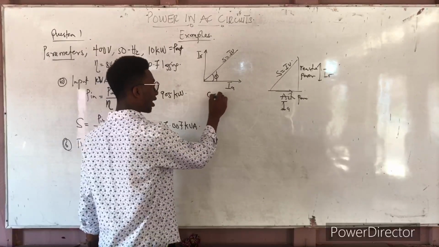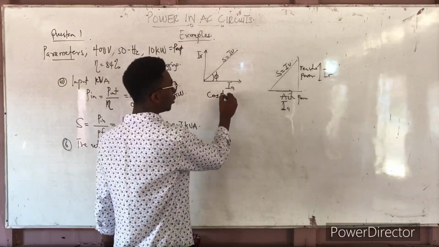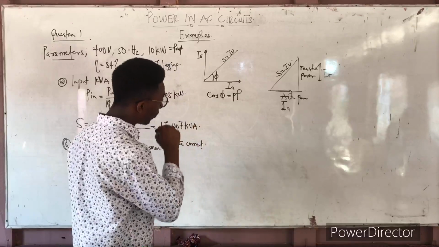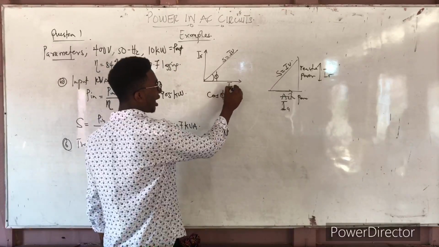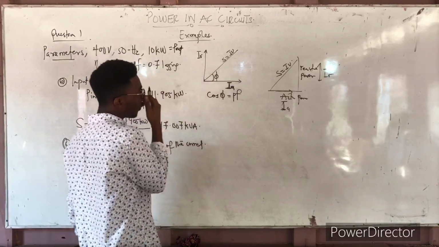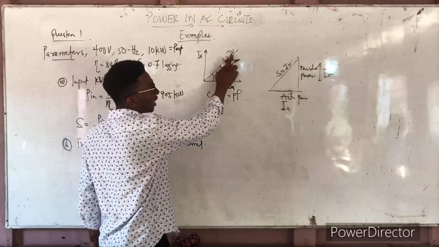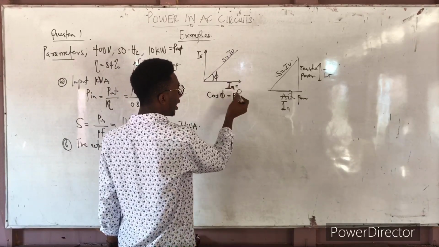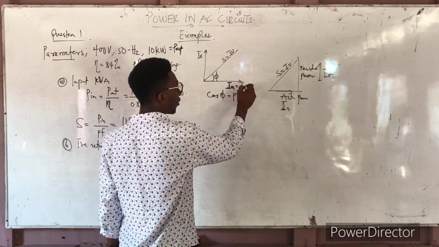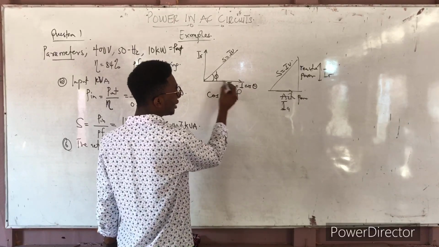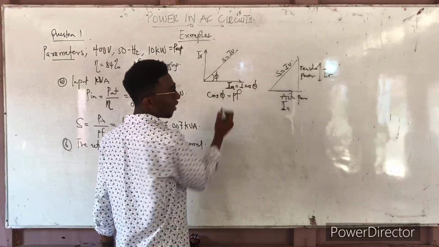The cos of the angle phi is the same as our power factor. We can find the resultant current, which is I. Then the resultant current times cos theta will give us our IA.